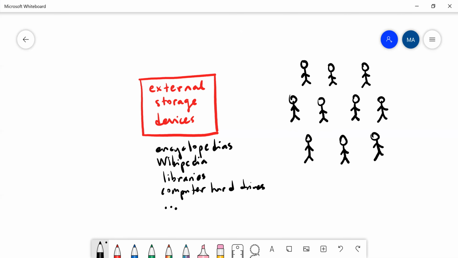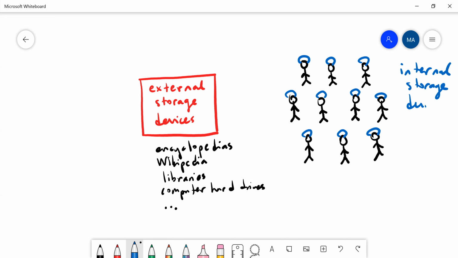Now, the interesting thing is this: they also have what Mokyr calls internal storage devices. What is that? Well, this is the brain.